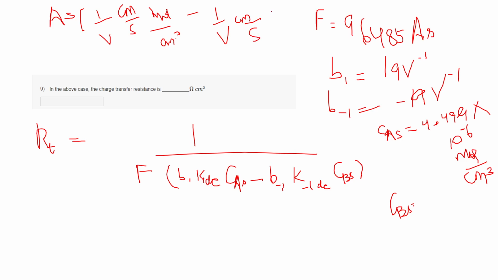Inside the bracket it is 1 by V centimeter per second mole per centimeter cube. So what is in the bracket is 1 by V; centimeter and centimeter will get cut, mole per centimeter square second.